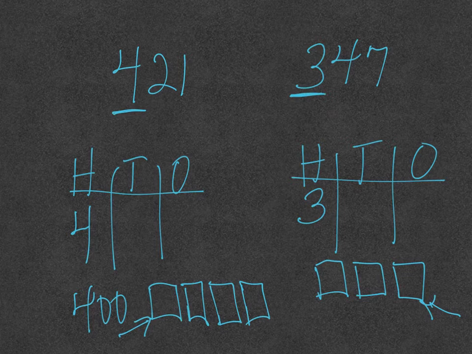So we would use our symbols greater than and less than in order to make a number sentence for this comparison. So we would put greater than. So 421 is greater than 347. So we're going to look at another one.